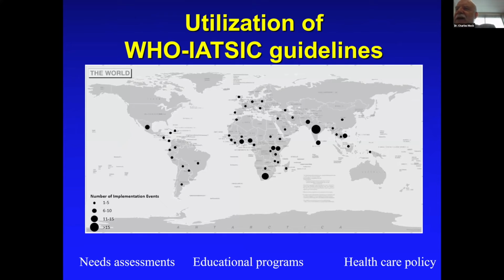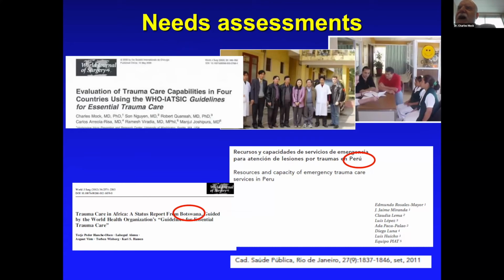These WHO guidelines have been used in many countries around the world. They were written primarily for low and middle income countries, but they've actually been utilized in several high income countries as well. They've been used for things like needs assessments to document deficiencies that can be targeted by low cost improvements.